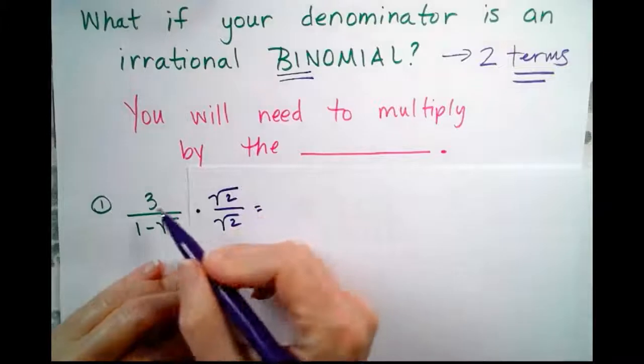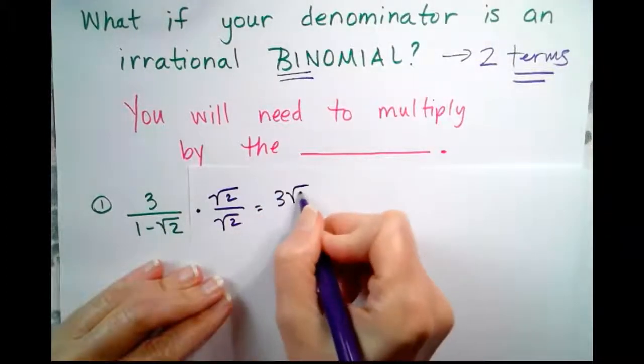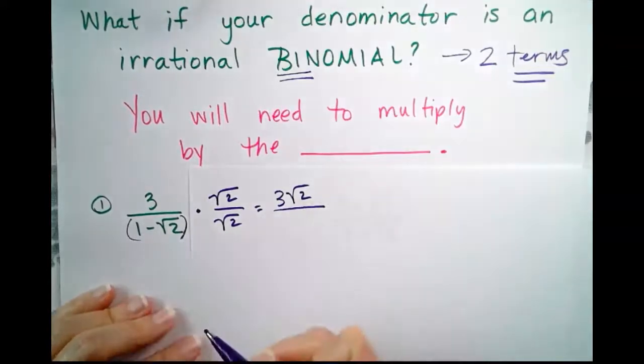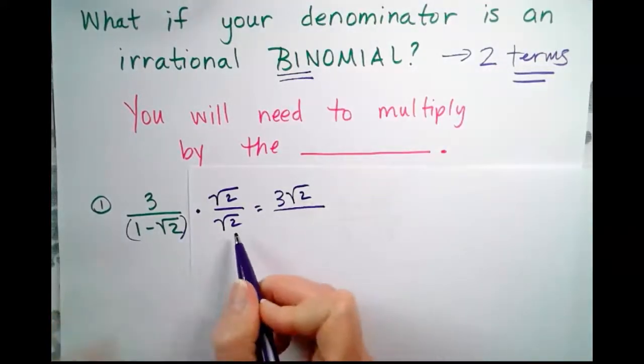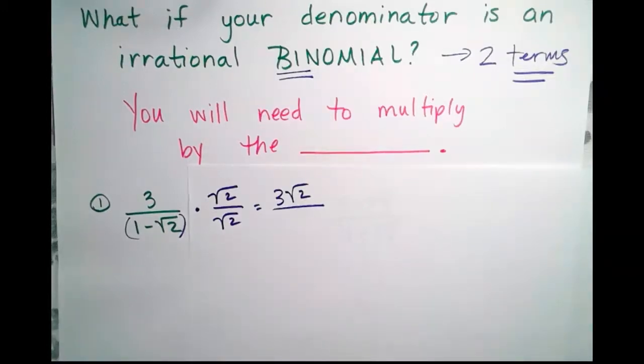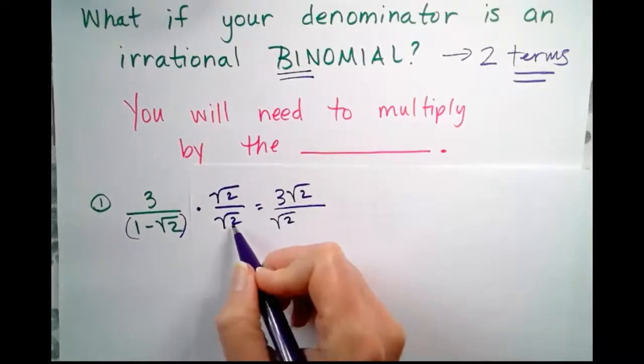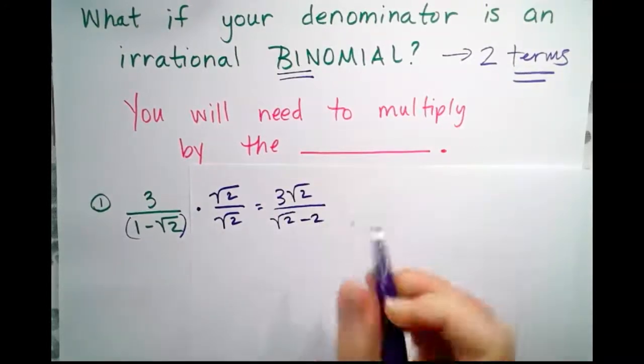So first of all, in the numerator, 3 times root 2 is 3 root 2. And then in the denominator, this is a binomial. If I'm going to just multiply by root 2, I need to use the distributive property. So root 2 times 1 is root 2. Root 2 times negative root 2 is 2.